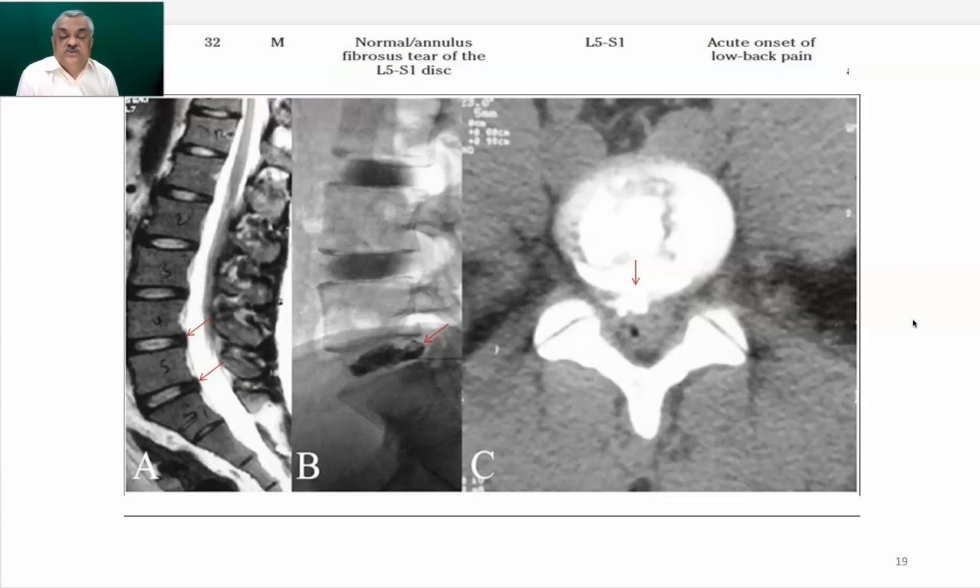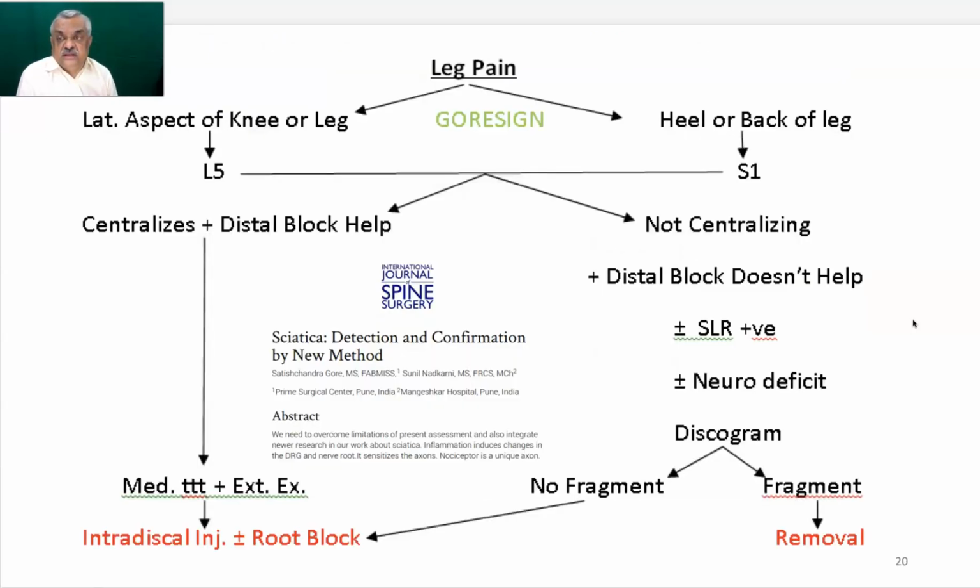Here there is a piece of nucleus which is trapped in the annulus. It is not coming out and having a herniation. It is not going back. And these are the patients where the patient does an extension of the back. The pain may not centralize because there is a piece of nucleus sitting there.